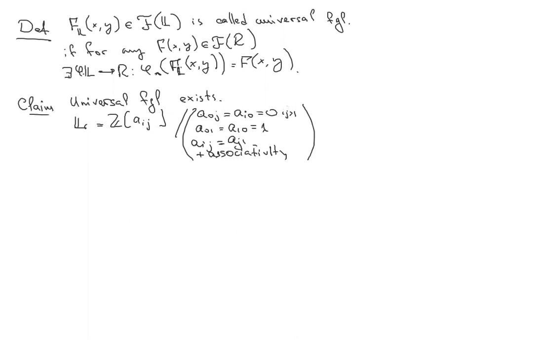And the formal group law L(x, y) is just the sum of A_ij x^i y^j.